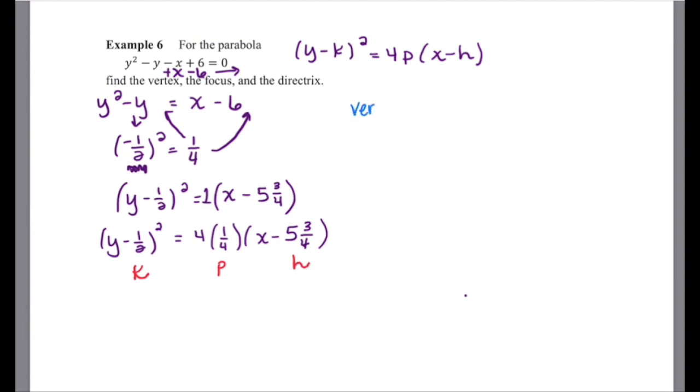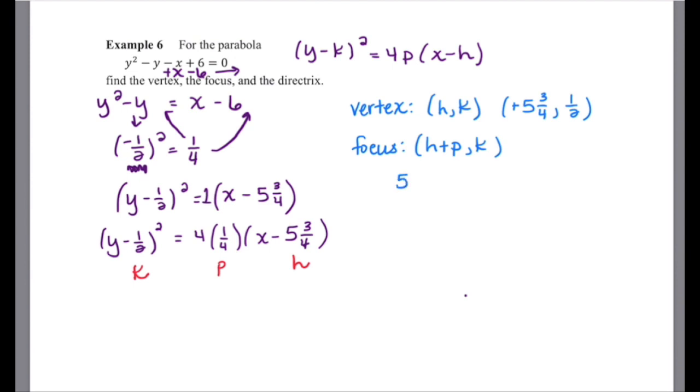Our vertex then is (h, k), and (h, k) is (5 3/4, 1/2). Our focus is (h plus p, k), and h plus p would be 5 3/4 plus 1/4, which would give us a total of 6, and our k value is still 1/2.